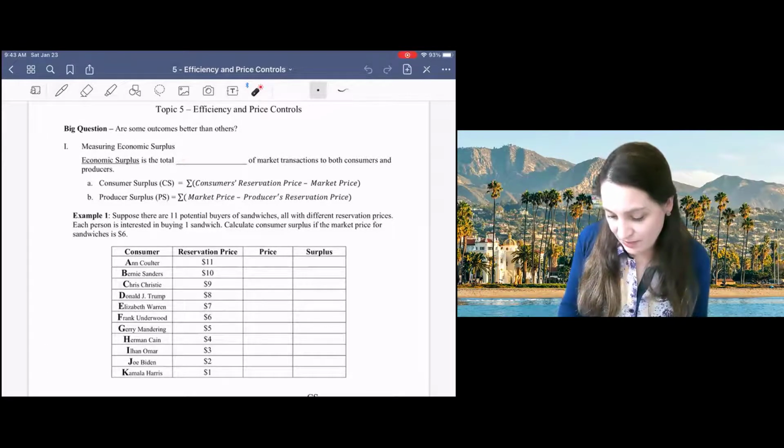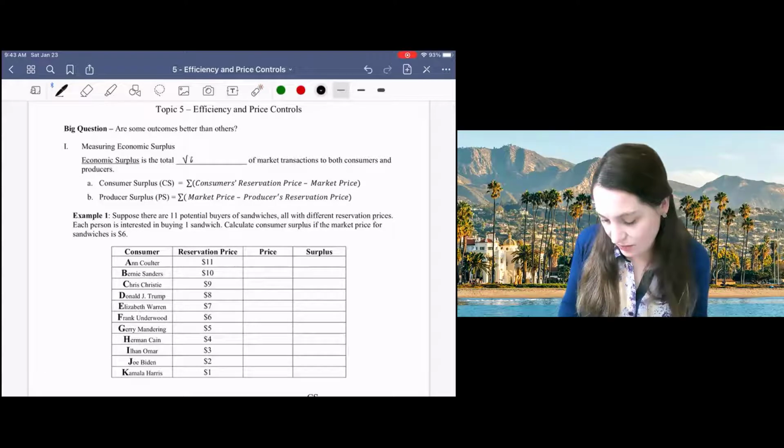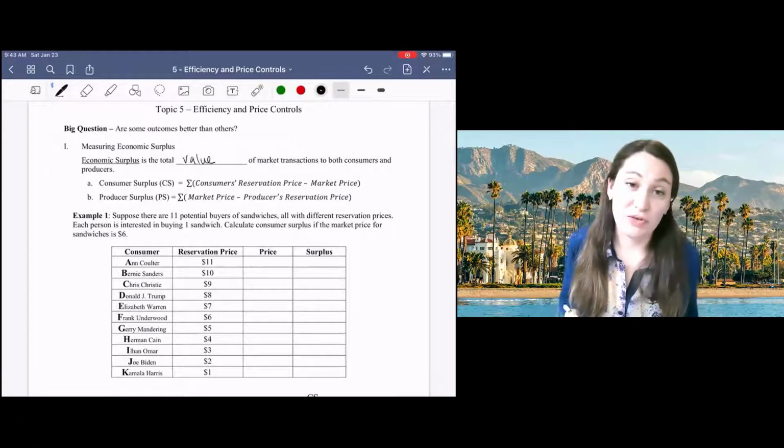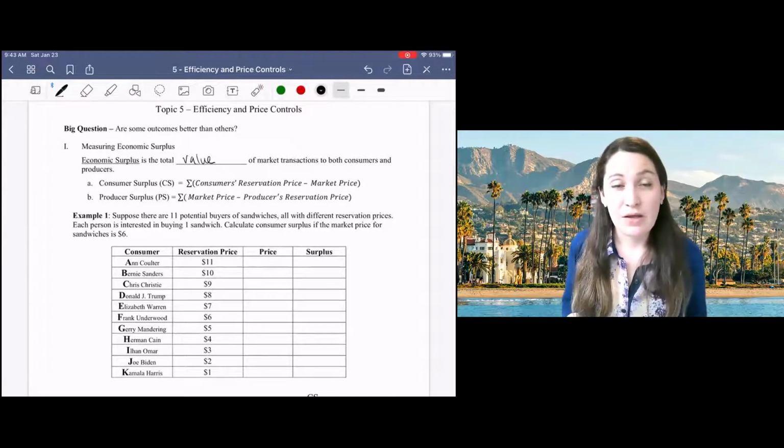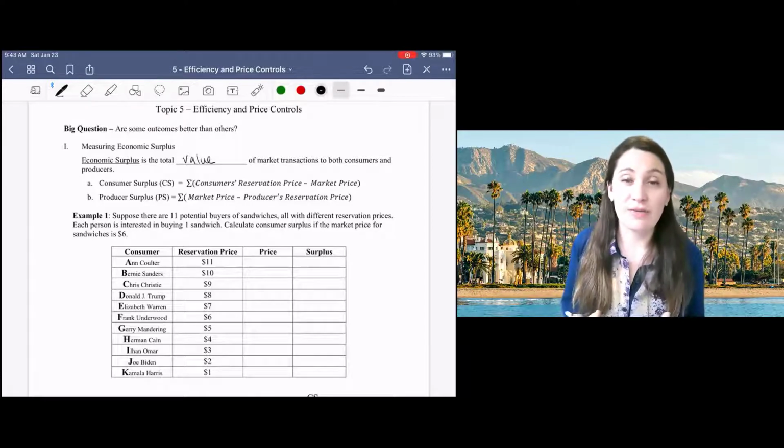The two primary groups we have within our market now are consumers and producers. So we'll measure consumer surplus and producer surplus, and combined, that represents the total surplus or the total value of market transactions to everyone in society.